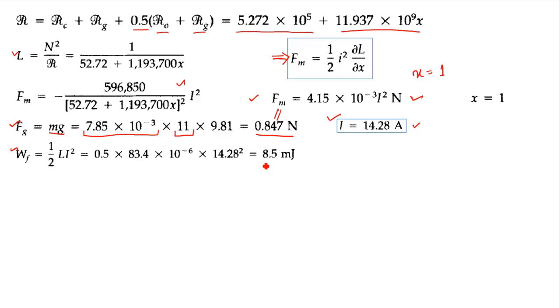I found 8.5 millijoule. Okay, so now your problem is solved. We found the current required to suspend the iron bar at 1 centimeter distance, and the energy stored in the coil, in the magnetic circuit, which is 8.5 millijoule.